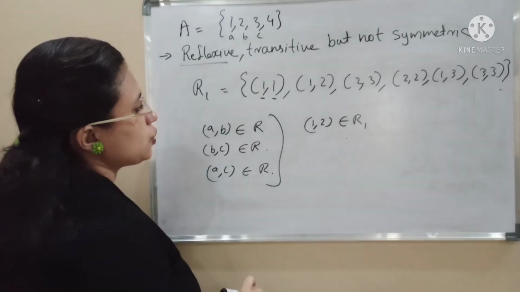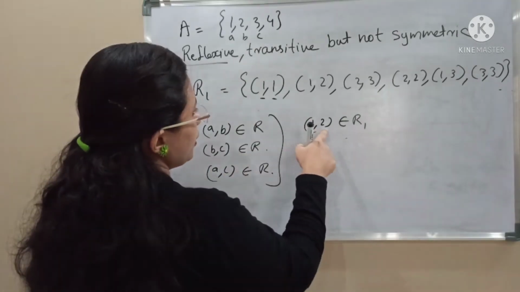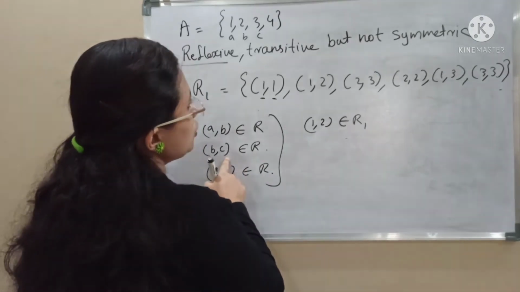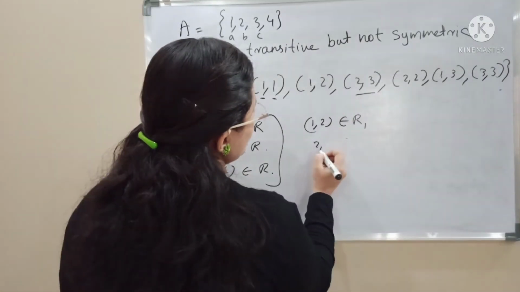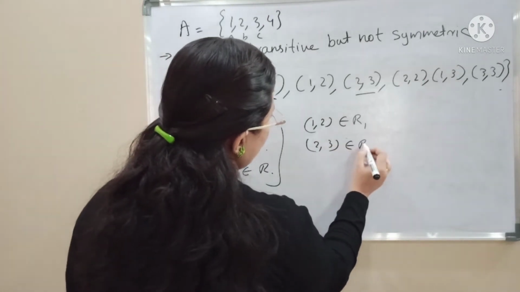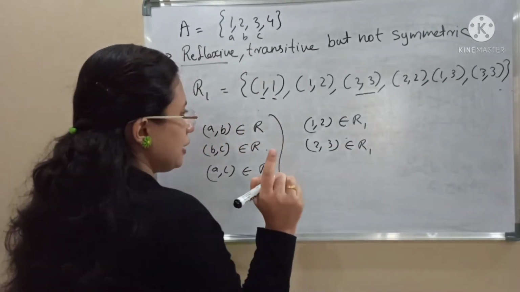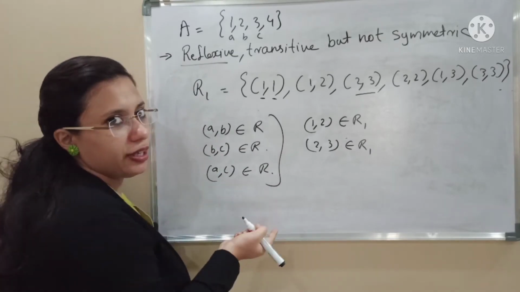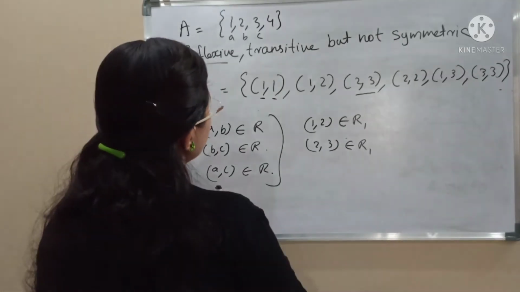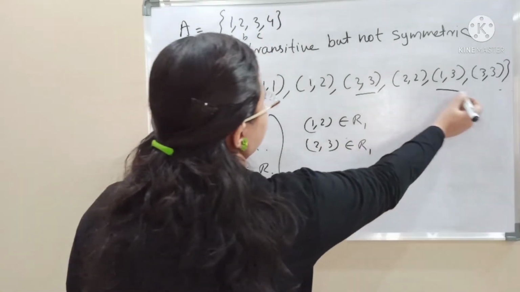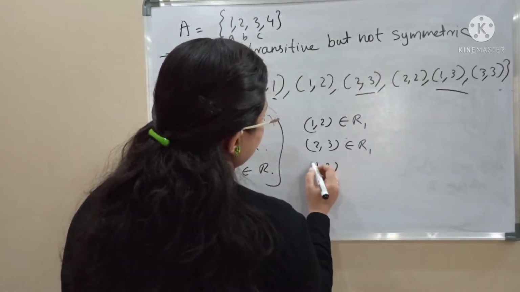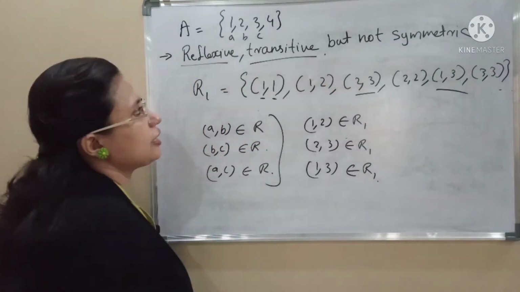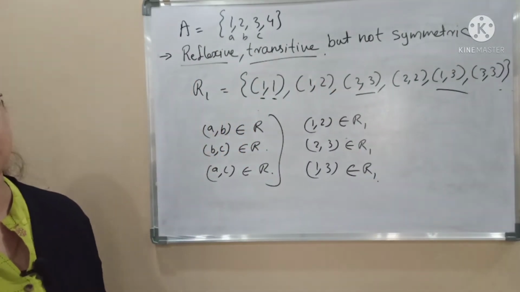So (1,2) belongs to R1, then (B,C) will be (2,3), and (2,3) belongs to R1, then (A,C) should be there in R1. (A,C) means (1,3). So (1,3) belongs to R1, so this relation is transitive. Clear?